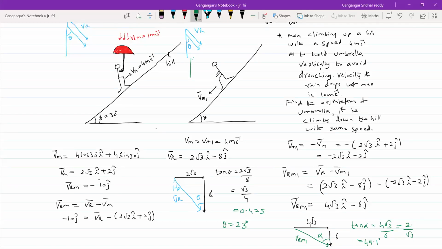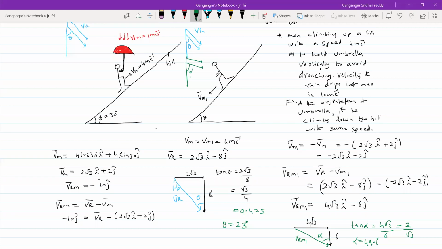I think about the orientation of the umbrella. Alpha should be more or less compared to theta? It should be more, no? Alpha is 49, theta is 23 degrees. So therefore, when I'm drawing the diagram, I'll see that it'll be like this.